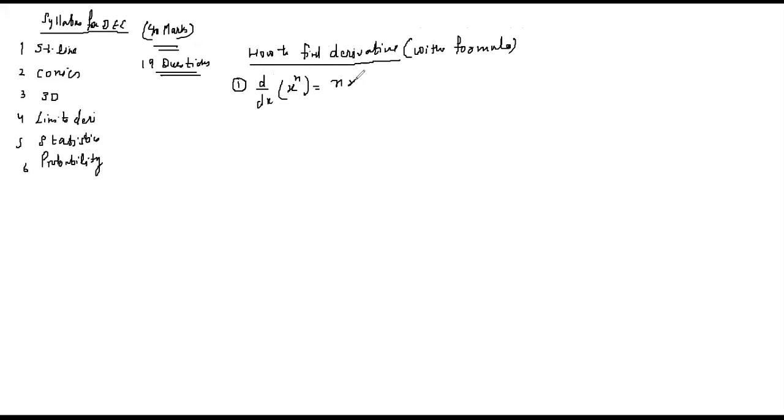This is n x^(n-1). That means variable raised to power constant. The constant will come at front, then the variable, and then n minus 1, constant minus 1. Derivative of x^n is equal to n x^(n-1).